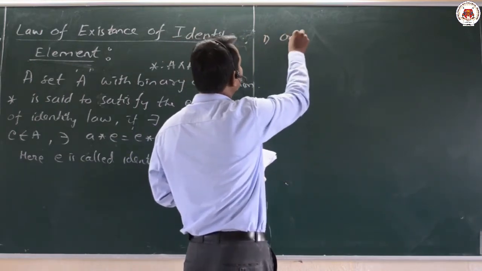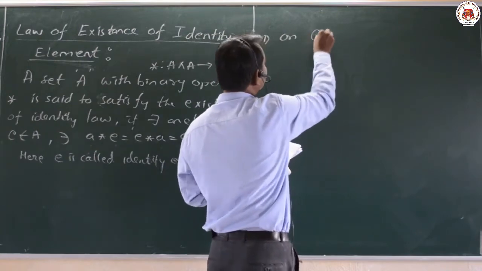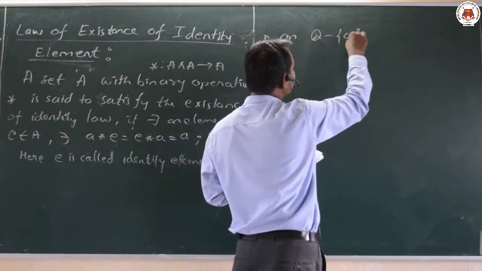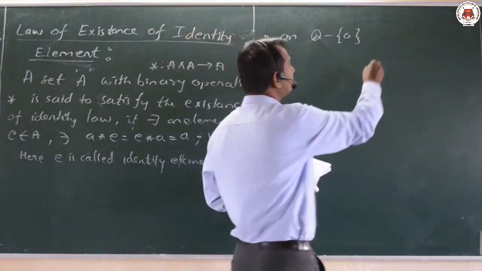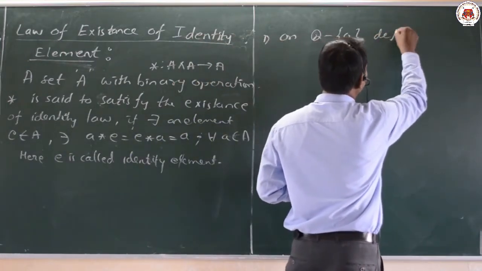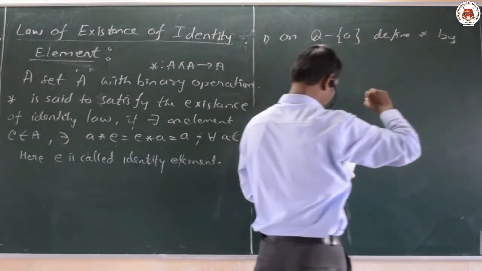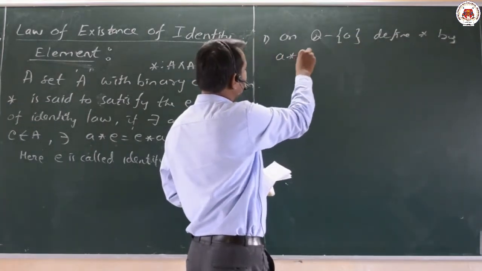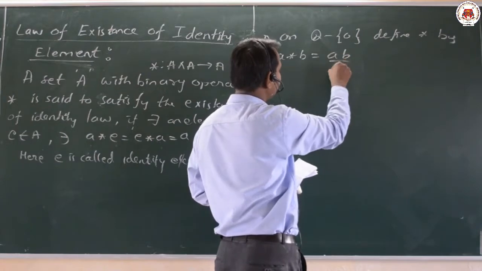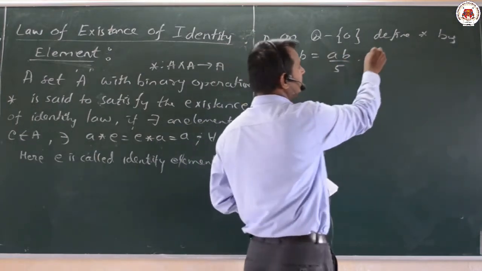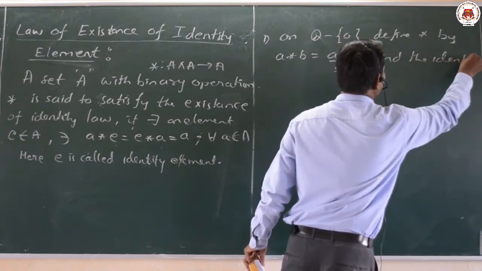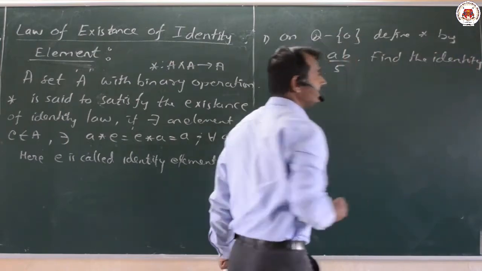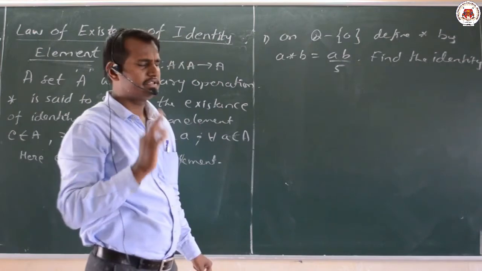First one, on Q. Q means the set of all rational numbers except 0, defined star by a star b equal to ab divided by 5. Find the identity element, he is asking. It is a very simple problem.